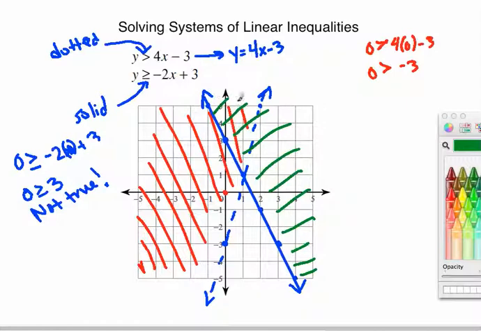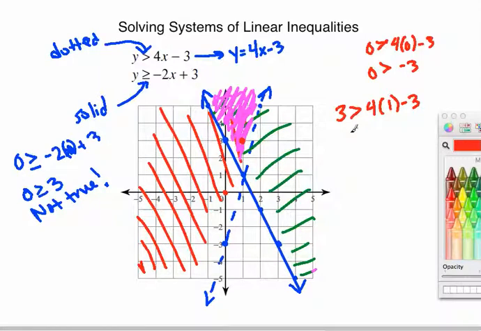Okay? And your final answer for this is going to be the part that overlaps. So I'm going to do that in pink. This up here is our solution set. And if you want to check to make sure that this works, take a point that lies in that spot, so maybe 1, 3 is right here, and make sure it works for both. So I'm going to put in 3 for y and 1 for x in the first one.